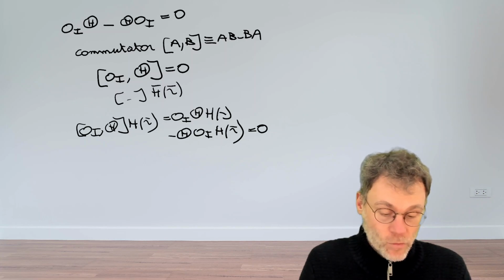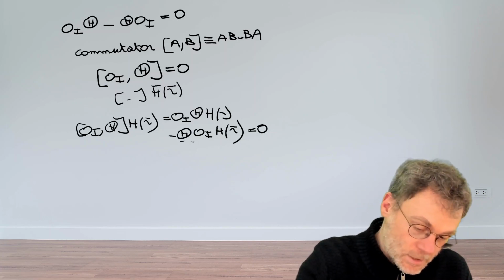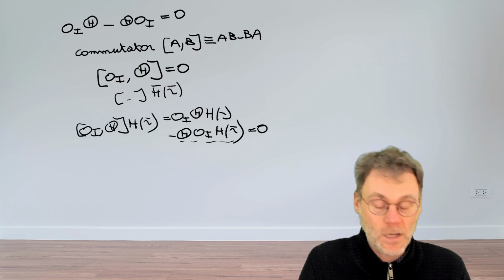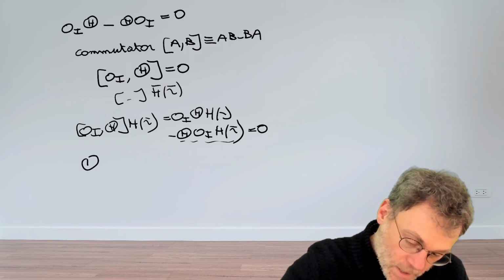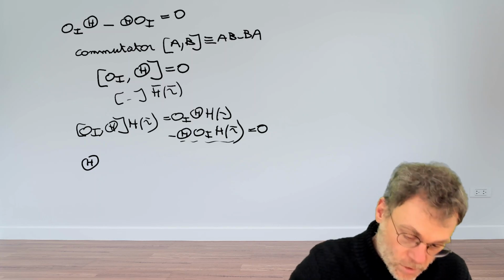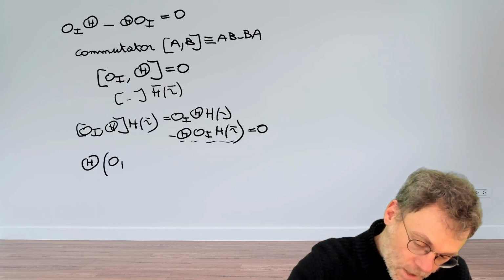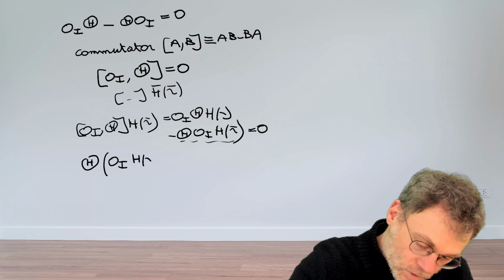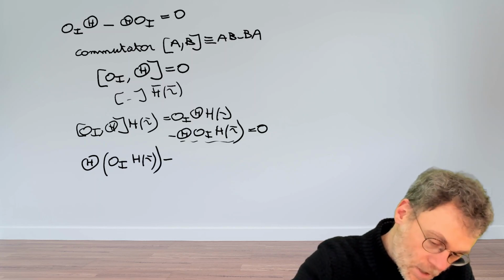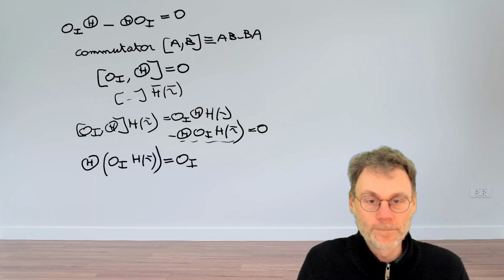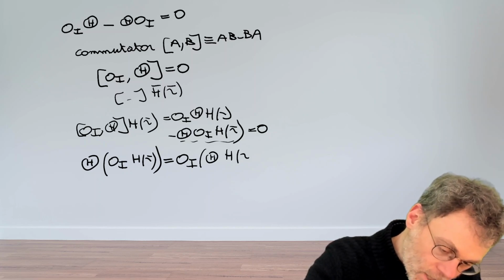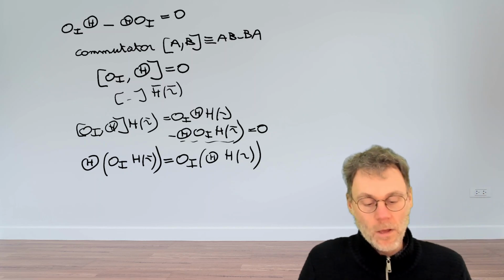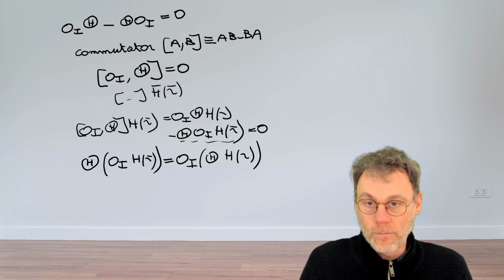Now let's rewrite this a little bit and bring this second term to the left-hand side and the other thing to the right-hand side. So we can write this as theta, and I'm going to introduce some parentheses here, theta OI h of r, okay, equal to OI and some parentheses theta of h of r. Okay, that's just some straightforward manipulations here.